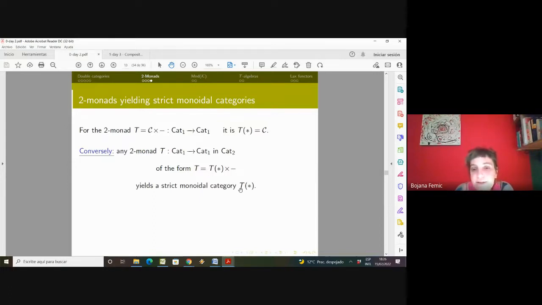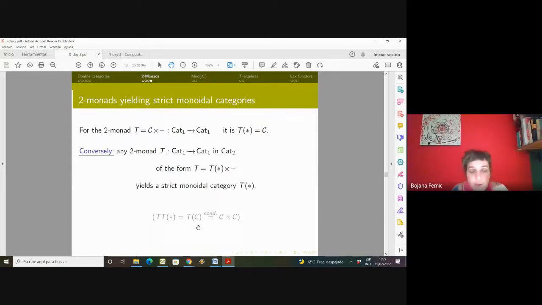Well, let us define T of star. Let us denote it with some category C. Then when you have a two monad, composition T with itself, TT, how can we go from TT to C times C? Well, firstly, I evaluate TT in this trivial category star. Then since T of star I call C, I get to T of C, sorry. But now, without having this condition, I cannot go on.